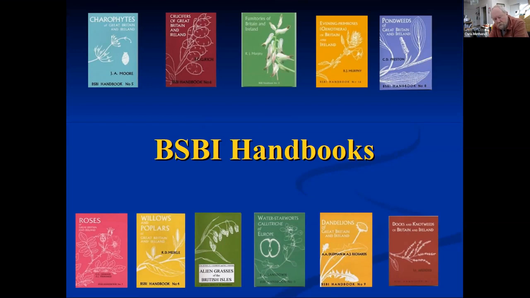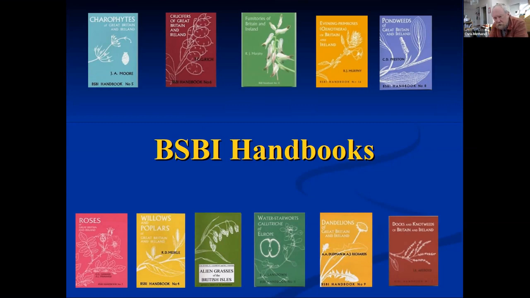And one of the things that we've discovered over the years of talking to botanists of all levels is that one often doesn't know quite where to start with a large group of plants. You know, you find an umbellifer and you think, now, where shall I start?